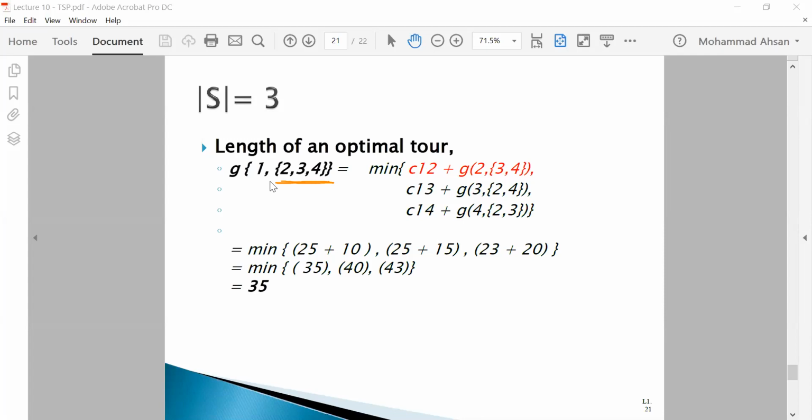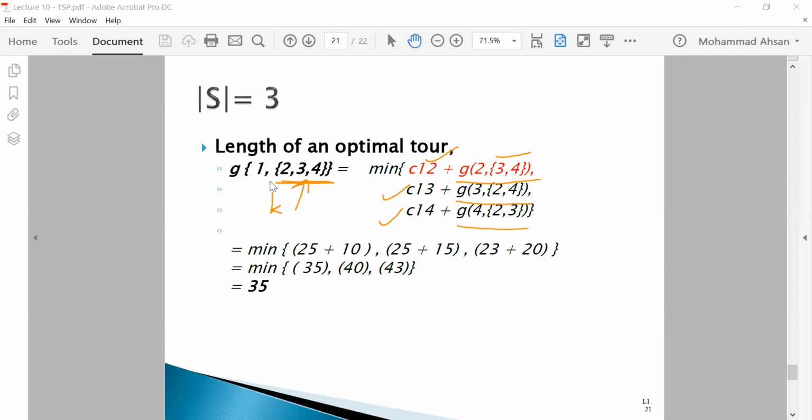So this k can be 2, 3, or 4. If k is 2, we calculate C1 2. If k is 3, we add C1 3 and C1 4. And on the right hand side, you'll see if we have selected 2, then we are left with G of 2 and through 3, 4. The cost of going from 3 through the intermediate vertices 2 and 4.